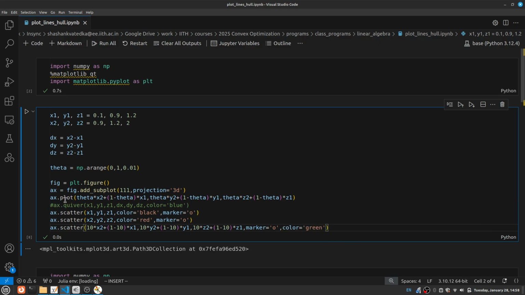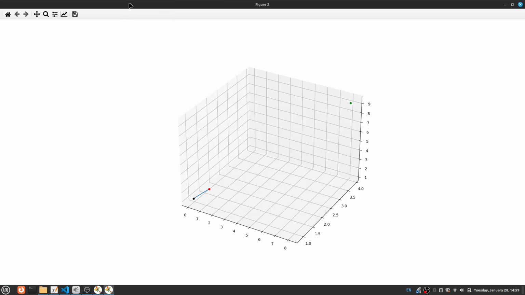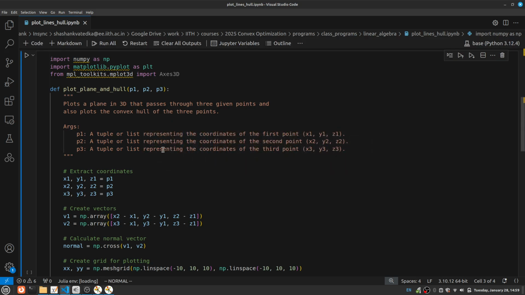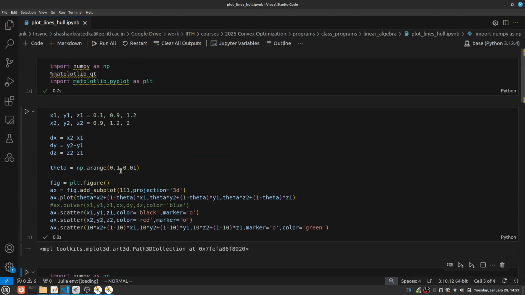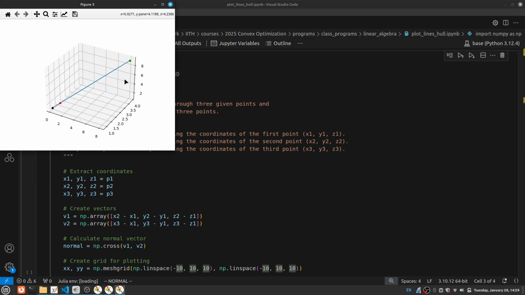I'll mark this in green. I'm not sure if you can see it clearly, but this is the line segment. This is x1, this is the point x2, and this is theta x1 plus 1 minus theta x2 for theta equal to 10. It's going to be in this direction. It's going to lie along the same straight line, but it's going to be further away. So similarly, if I just take 10, it's still on the same straight line.